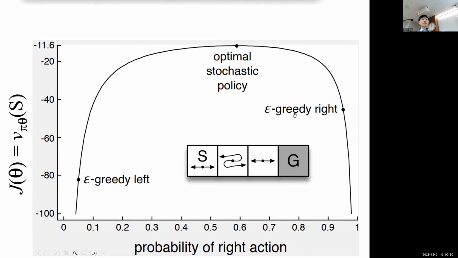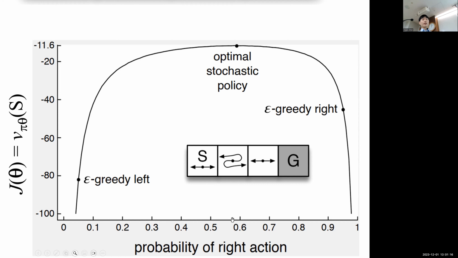If we just run the epsilon-greedy action value algorithm, it's hard to reach this optimal policy. We may get closer, but still far. Also, the optimal right action probability is around 0.59, about this location.